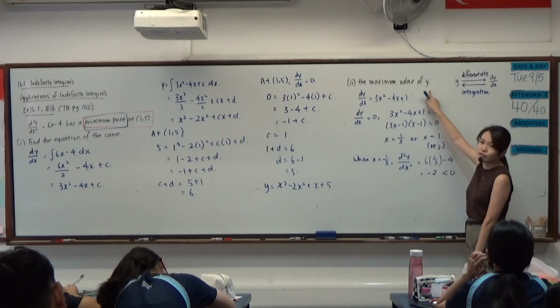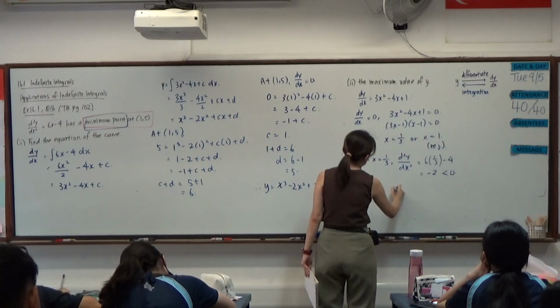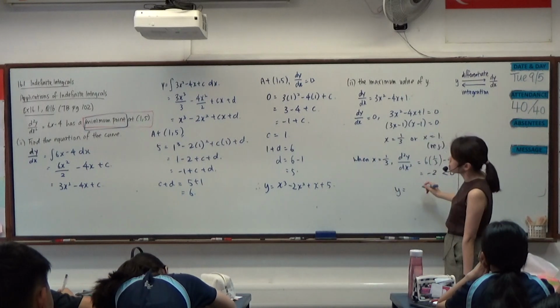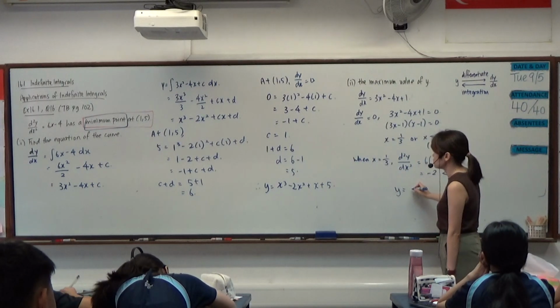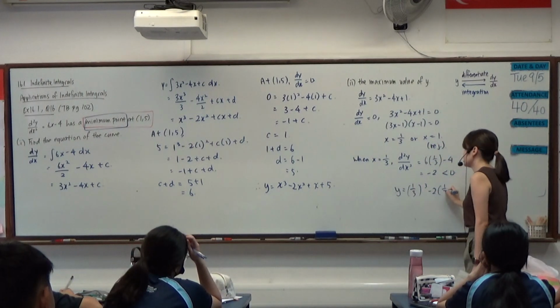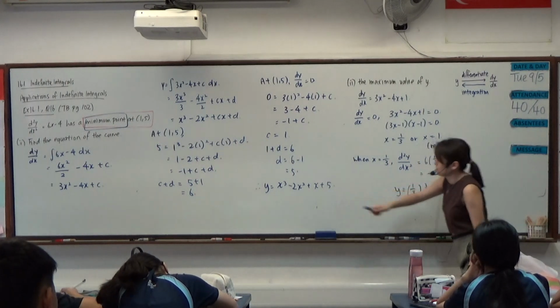But then the question wants you to find the maximum value of y. So, you need to figure out what y equals first. That will be equal to 1/3 cubed minus 2 times 1/3 squared plus 1/3 plus 5, making use of your y equation.